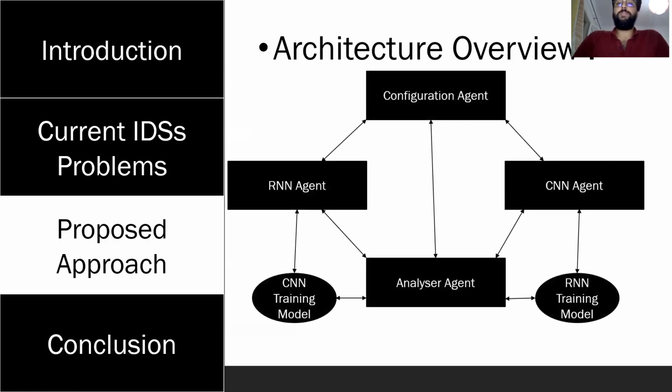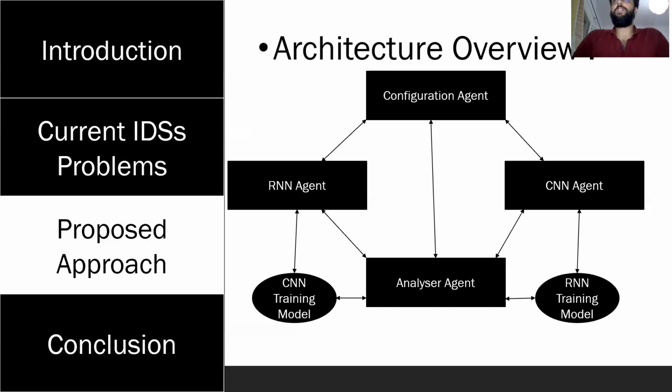These agents are dispatched like this. First of all, the configuration agent, after doing the pre-processing, tells the other agents that the data are ready to enter the networks, using the communication features to notify them. Then there are the RNN agent and the CNN agent, the convolutional and the recurrent neural network agents.